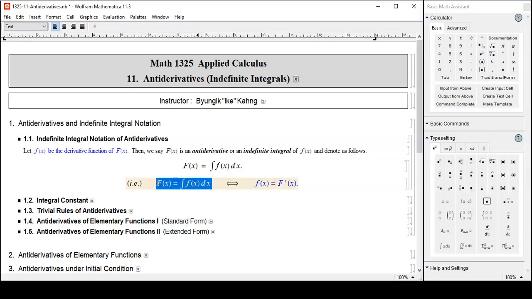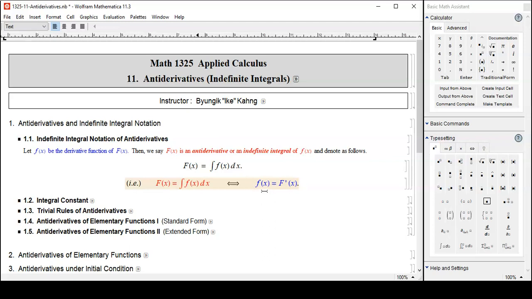And this expression here, which I'm highlighting in red, means this. So small f is a derivative of capital F. Capital F is antiderivative of small f. They mean the same thing, but expressed differently.